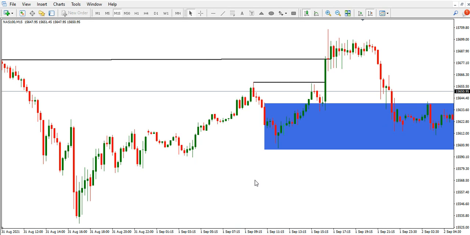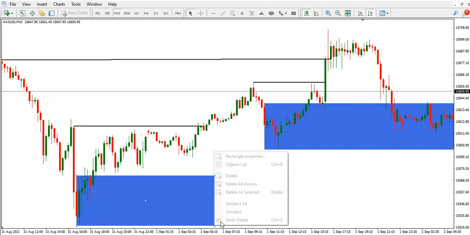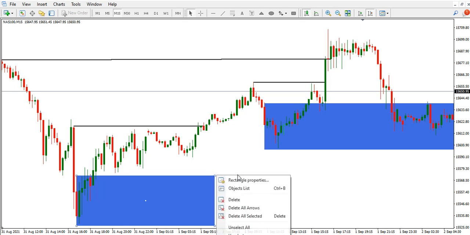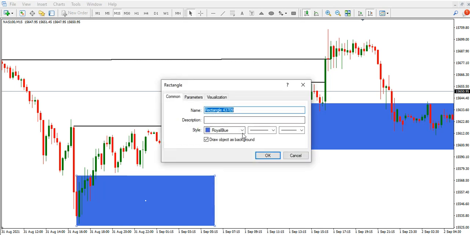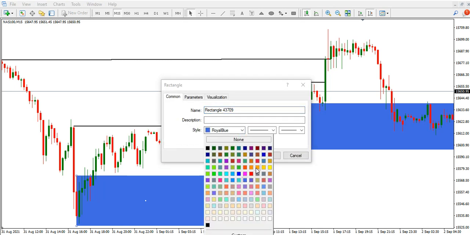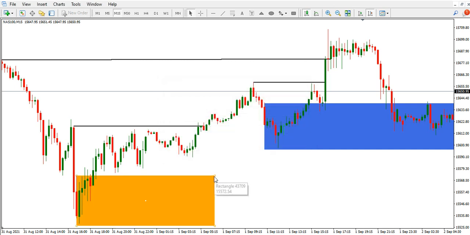So now on M15, what do we see? We can easily see another break of market structure right here. At the break of market structure, what do we have? We have an order block which we have to highlight from the opening of the candle till the close, and then we change color again because we're on a different time frame, so we have to know which color is on which time frame.